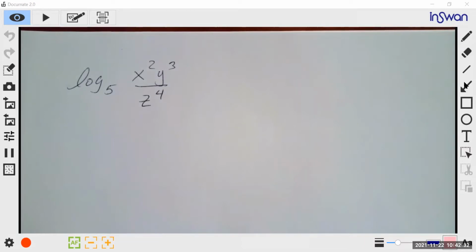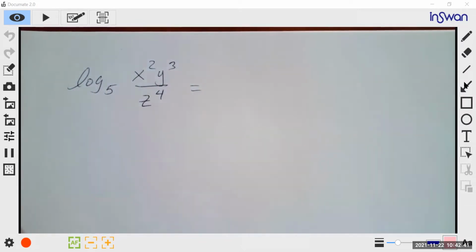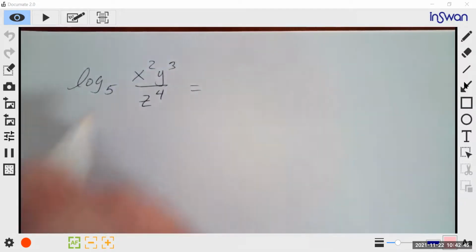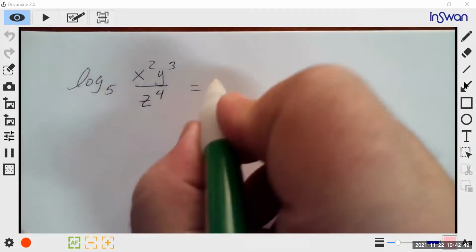So expand this one. Because this one, you can't really do much with it, so you have to expand it. Remember, anything on top has a plus in front of it, anything on the bottom has a minus.